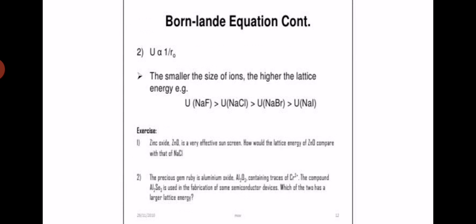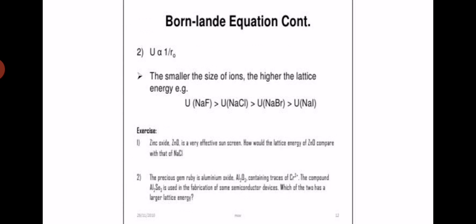And the second significance, U, that is lattice energy, is inversely proportional to r naught. r naught is the sum of the radii of the ions. The smaller the size of the ions, the higher the lattice energy.